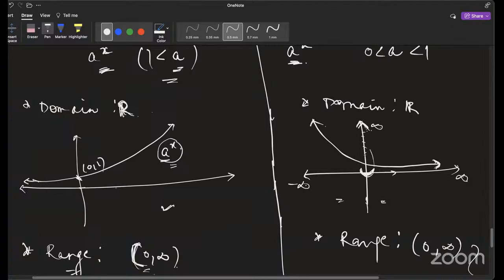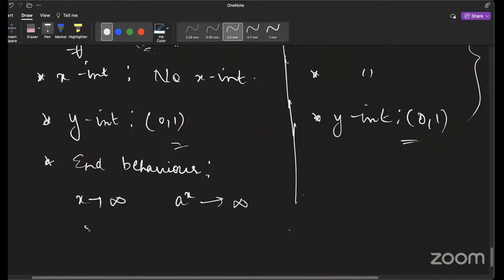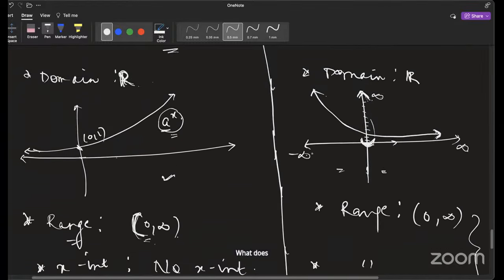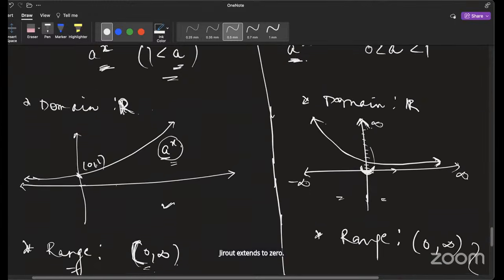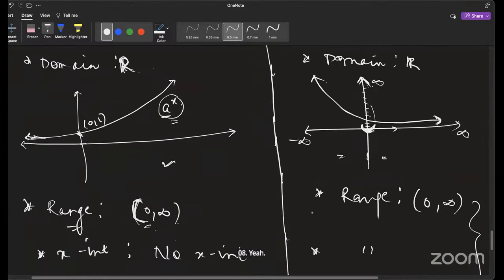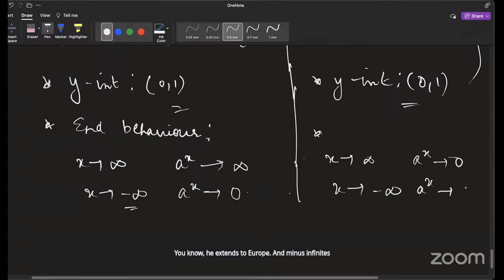The function's values are here on the y-axis. And when x tends to minus infinity, what happens then? It tends to infinity.